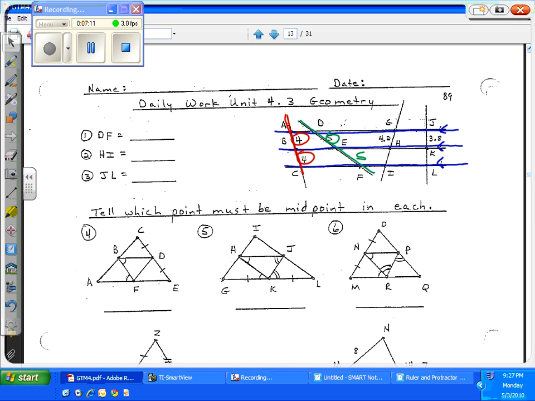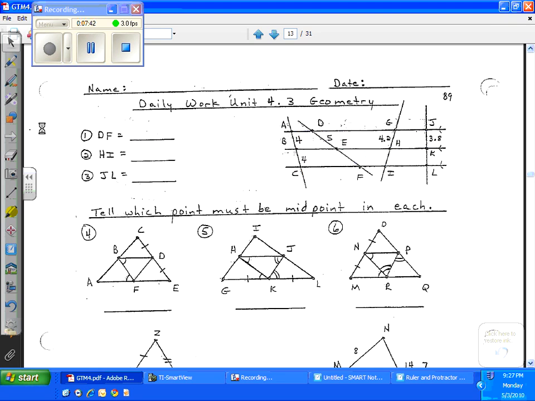And so DE is 5, EF is 5, so DF is 5 plus 5, which is 10, and you can do the work to find HI and JL. Now this next little section is a little bit tricky for students.